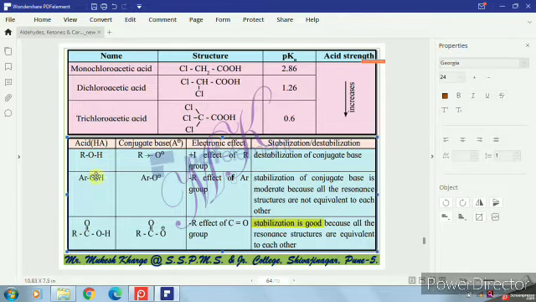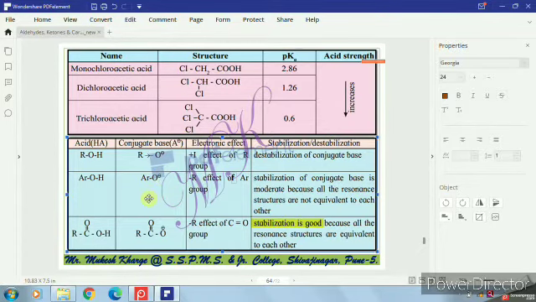But as compared to alcohol, if we check the phenoxide ion, the Ar group means C6H5, a benzene ring in which one hydrogen is replaced by O. There is a phenyl ring, and that phenyl ring has an electron withdrawing resonance effect, the minus R effect.